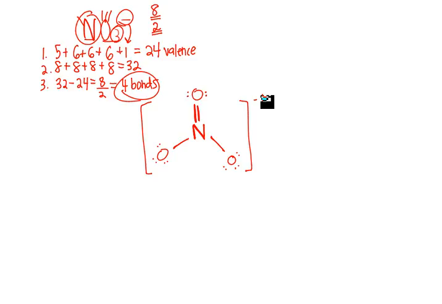Now we're going to look at what the structure is named. We go back and look at the central atom. We have nitrogen bonded to 3 atoms, even though we have 4 bonds. And we can also tell that we have 0 lone pairs.